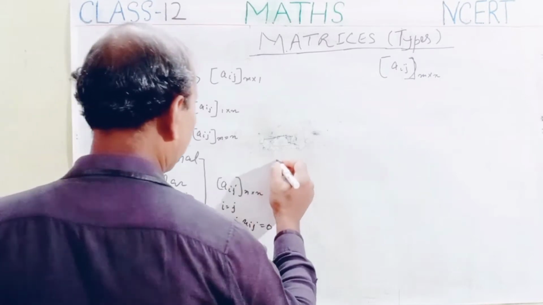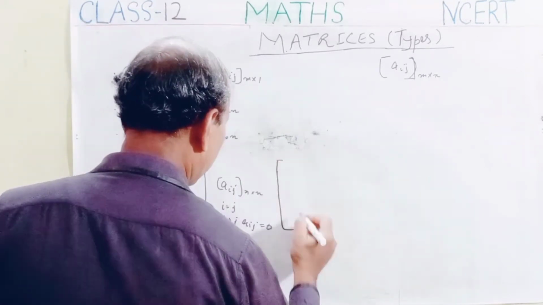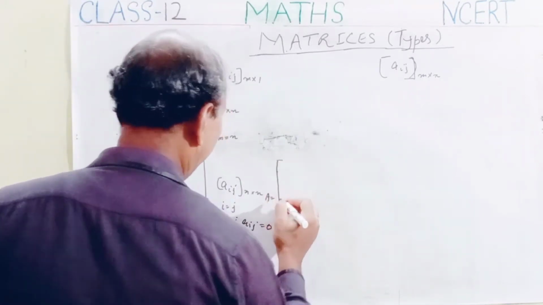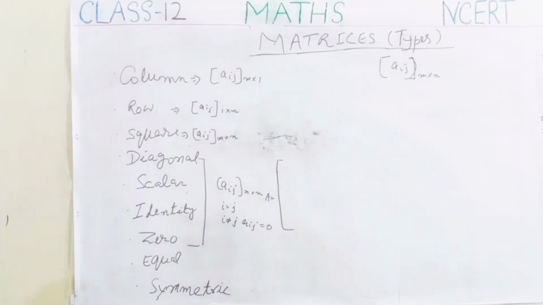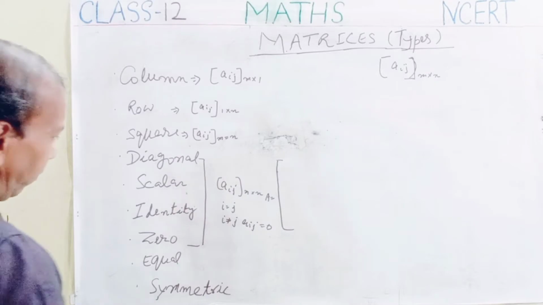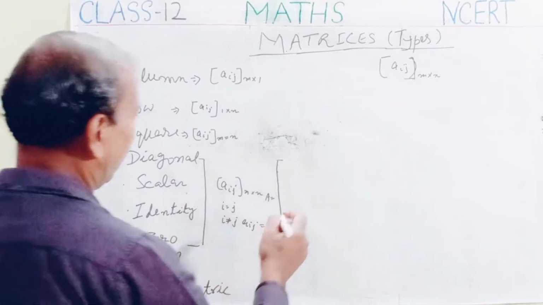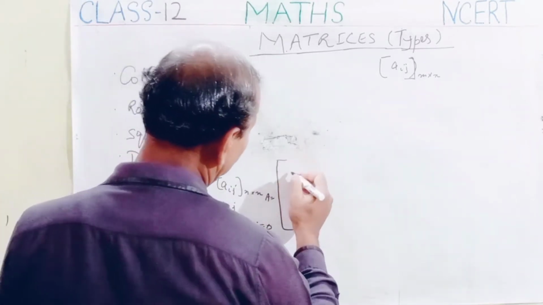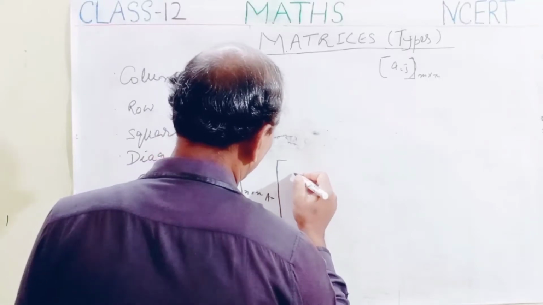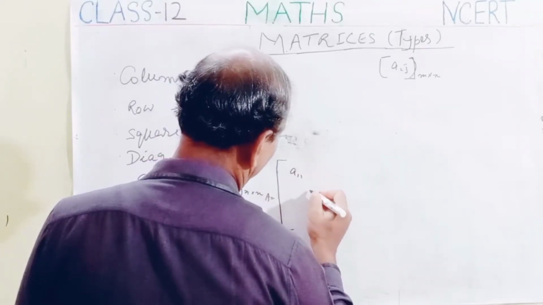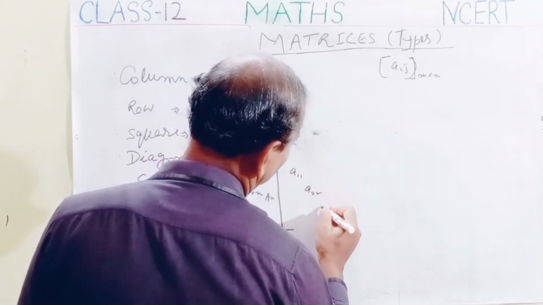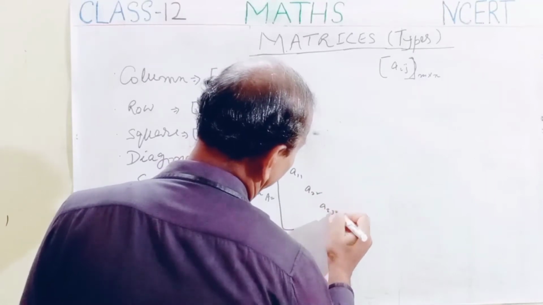Let's suppose this is your matrix A. When I is equal to j, then only it is defined. Otherwise, it is 0. That means this is your A11, A22, A33, and so on.